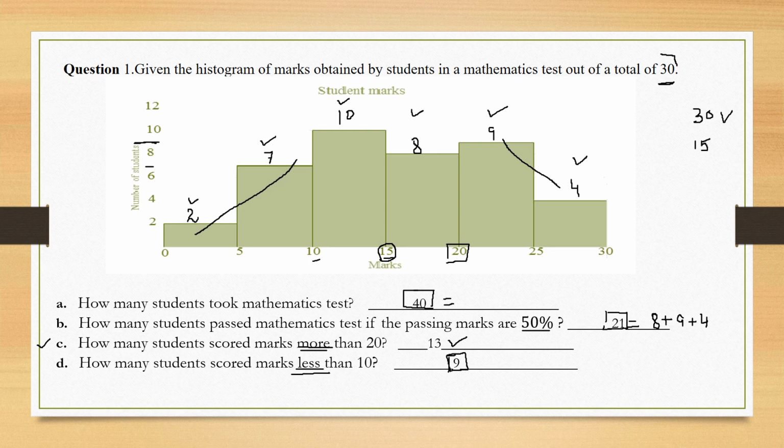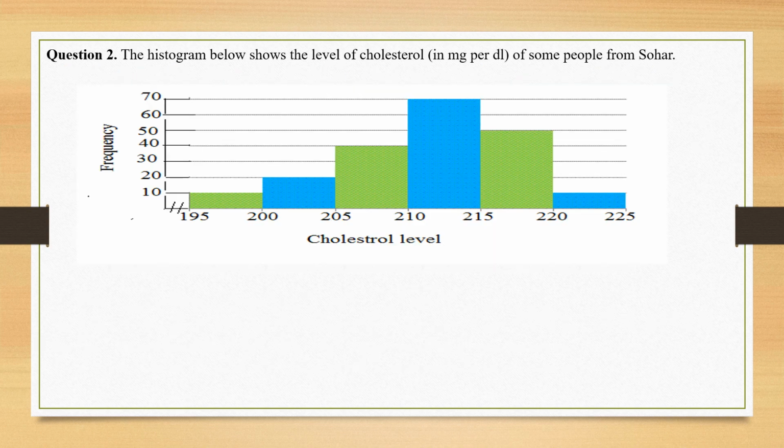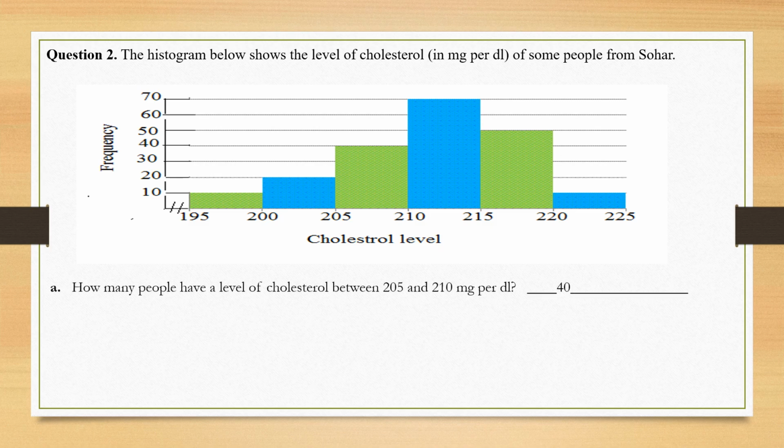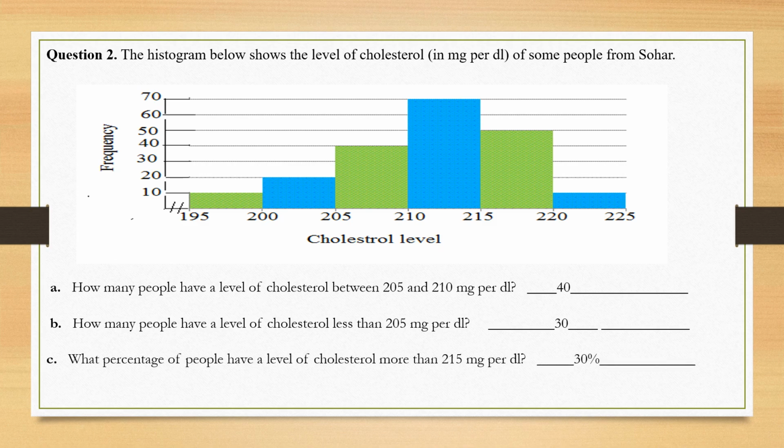Now look at the second graph. Here we have a histogram showing the level of cholesterol in milligram per deciliter of some people from Sohar. We need to find out part A, part B and part C. First of all, we write down the numbers on the graph. From 195 to 200 milligrams we have 10 people, and from 200 to 205 we have 20.